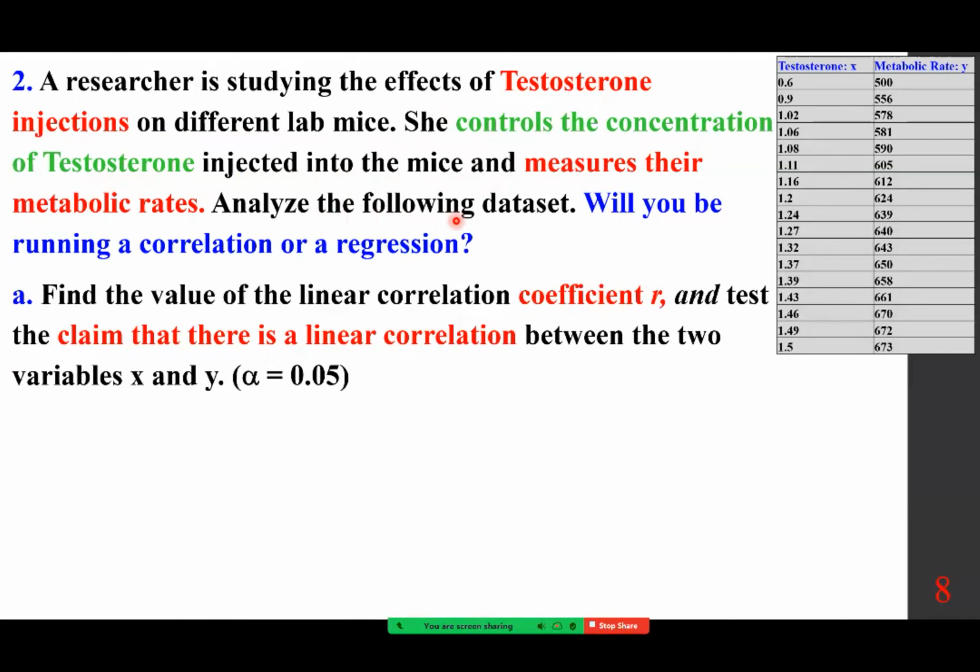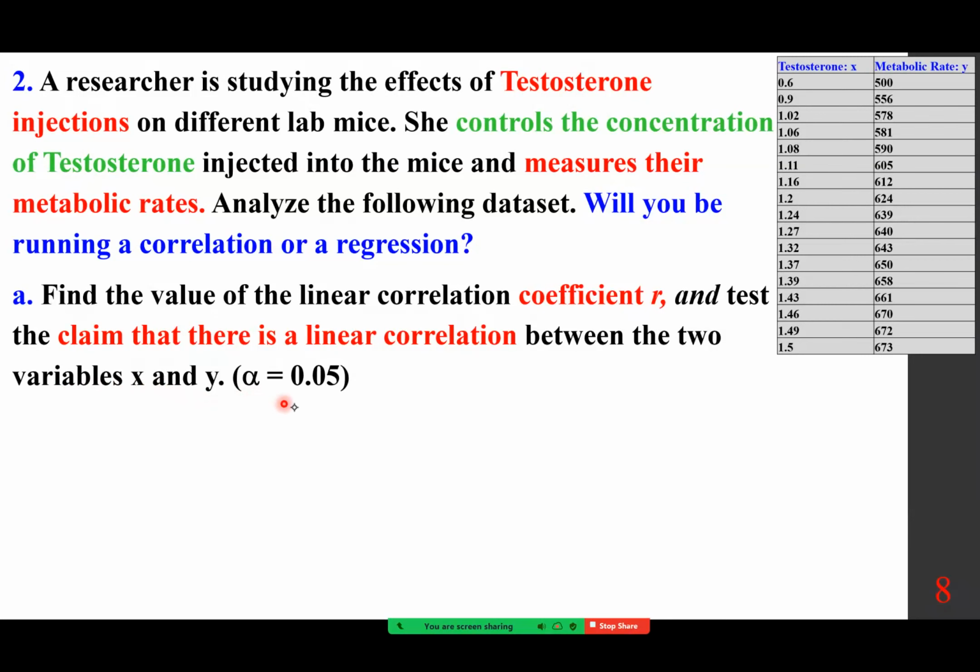Analyze the following data set. Will you be running a correlation or a regression? A, find the value of the linear correlation coefficient R and test the claim that there is a linear correlation between the two variables X and Y. Alpha equals 0.05. Excellent. Thank you so much.